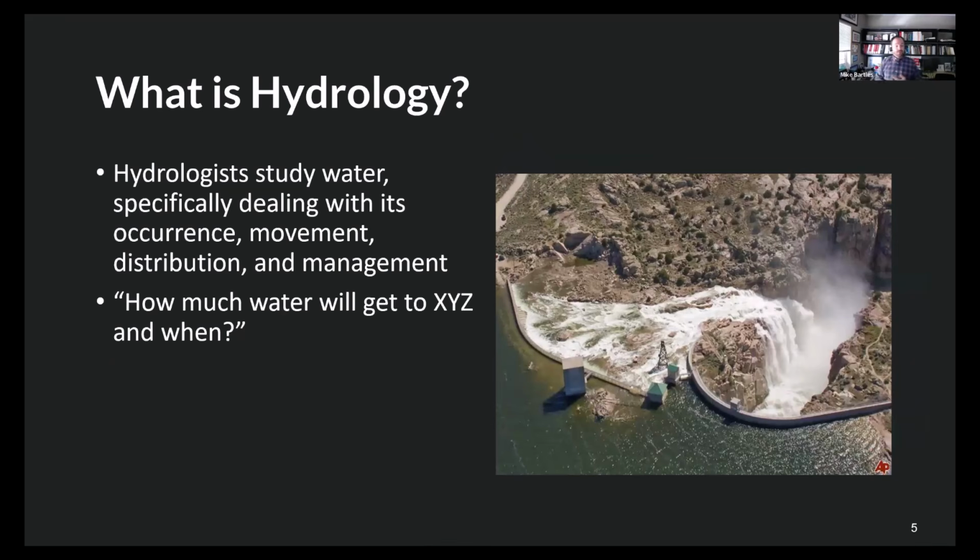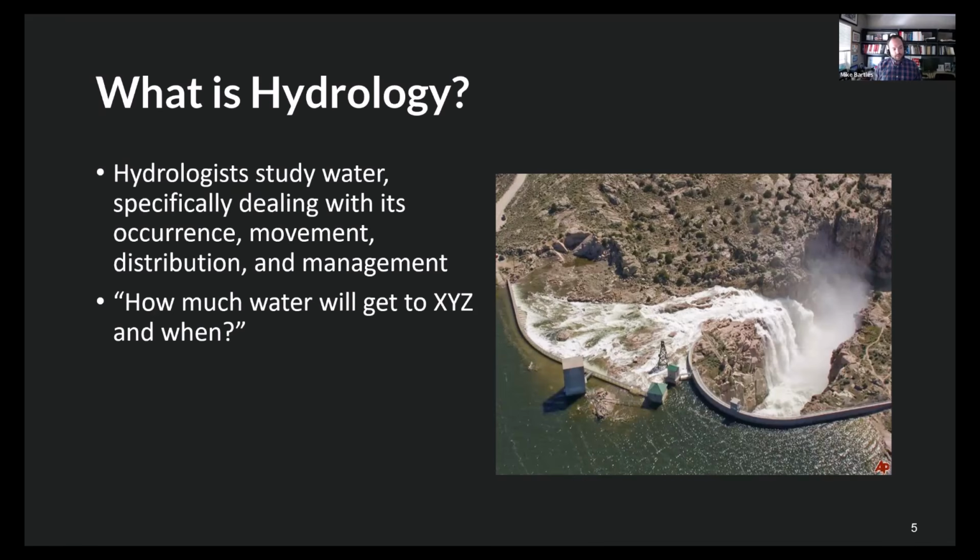All right, hydrology, first and foremost. Hydrologists deal with how much water is going to get to a specific place or places and when. Think of this as a much more rough approximation of hydrometeorological processes as well. We're really looking at the occurrence of precipitation, whether it's going to be rain or snow.